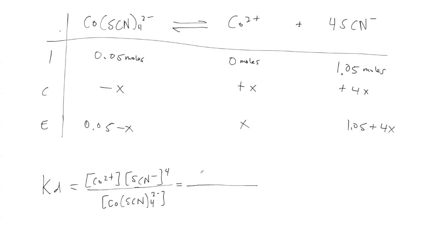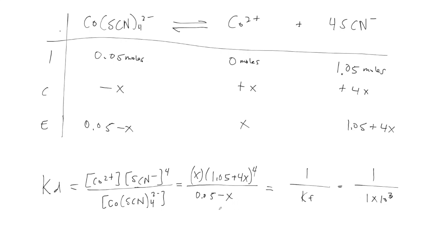So our top portion will be x times 1.05 plus 4x to the fourth. And our denominator, we're going to have 0.05 minus x. And this will be equal to 1 over the Kf, which is 1 over 1 times 10 to the third. And from here, all you really have to do is just solve for x.